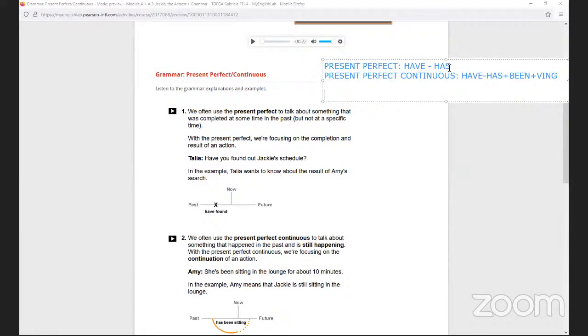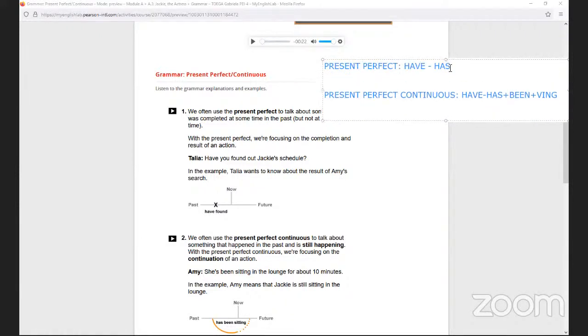But we know the structures for this. If I say a sentence with this grammar, for example, I have done the homework for 2 days.